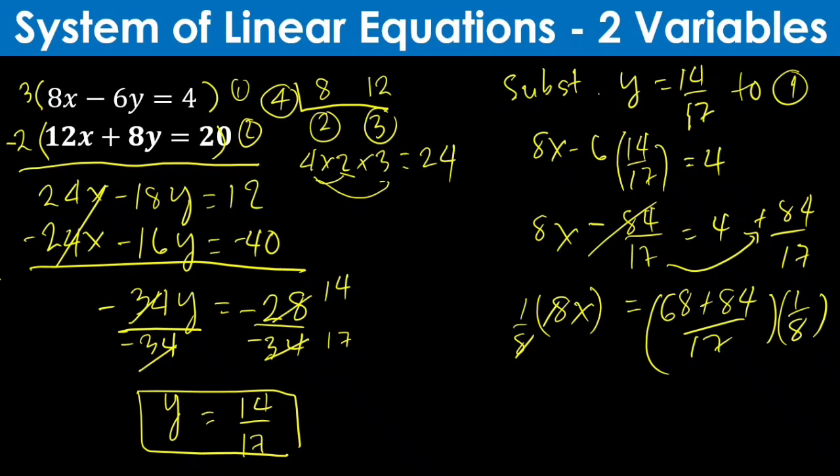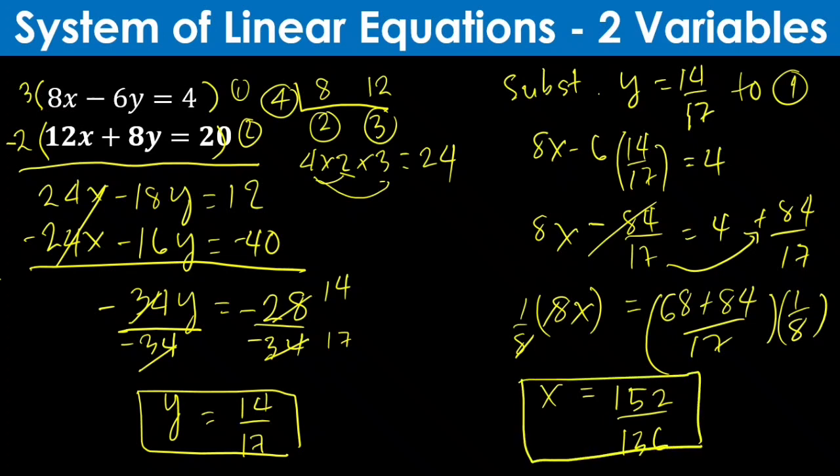So 8 will cancel out, gives us x equals 152 over 17 times 8, that is 136. Okay, so this is the value of our x, and therefore our solution set.